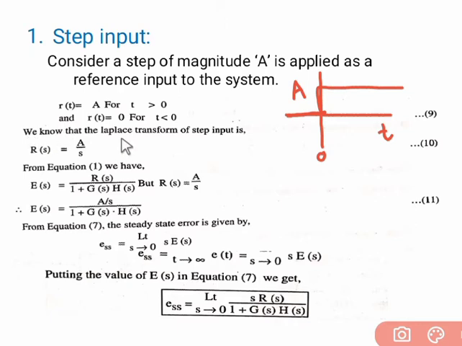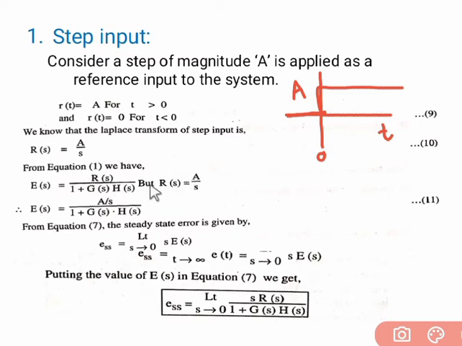So we know that the Laplace transform of step input R(s) equals A divided by s. From equation 1, we have E(s) equal to R(s) divided by 1 plus G(s)H(s), but R(s) equals A by s.